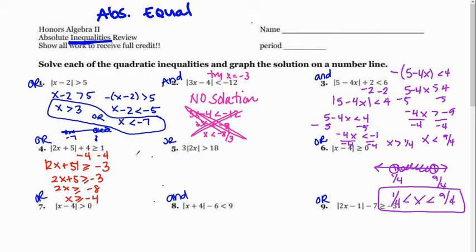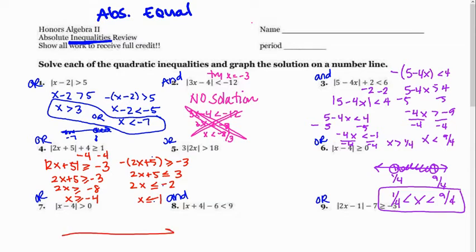And on the other side, I would have negative 2x plus 5. When I divide, I flip it. Negative 2 and x less than or equal to negative 1.